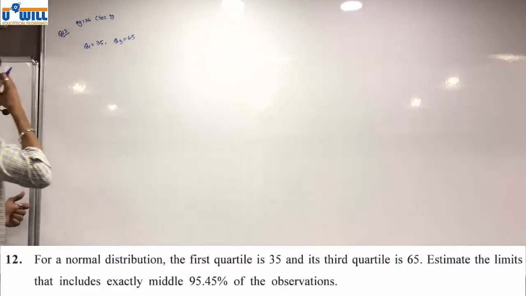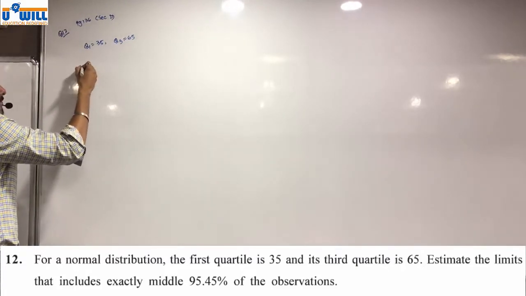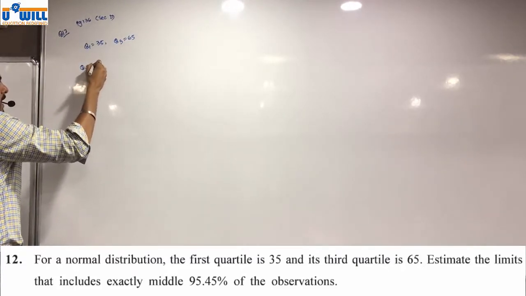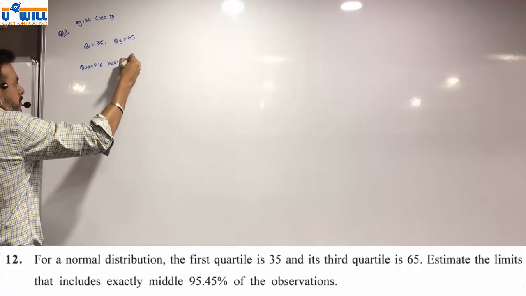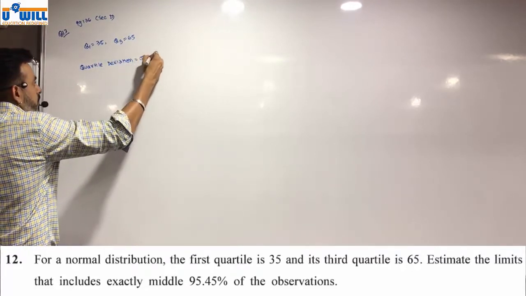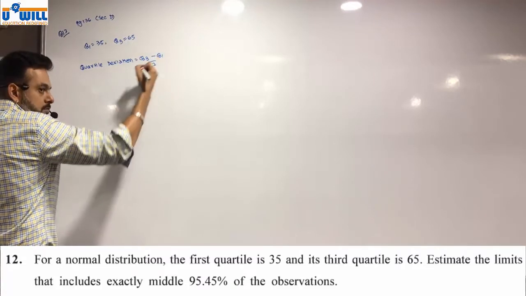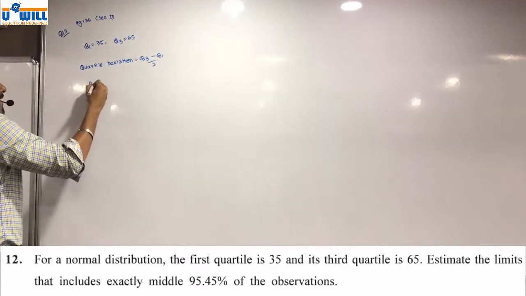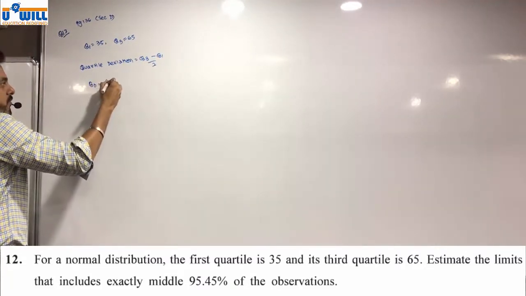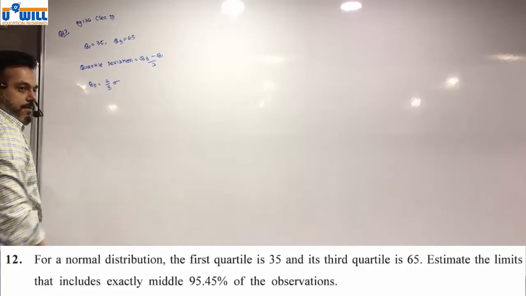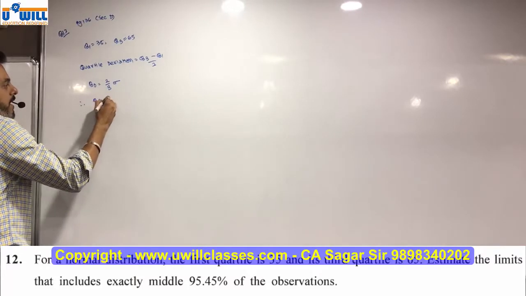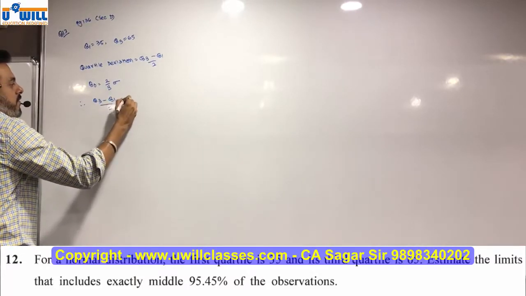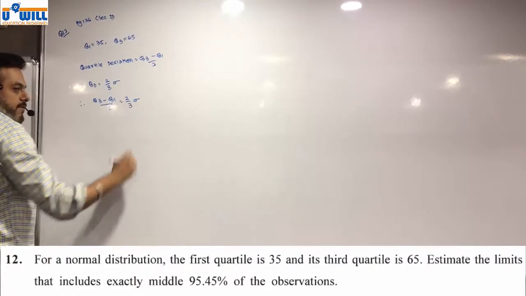Now, using the result, quartile deviation is equal to Q3 minus Q1 upon 2. Quartile deviation is what? 2 by 3 sigma. Therefore, Q3 minus Q1 upon 2 is equal to 2 by 3 sigma.